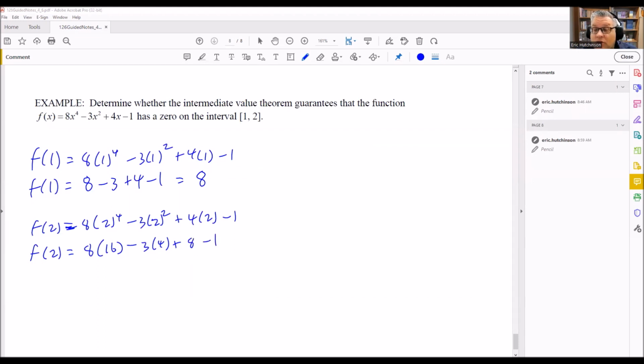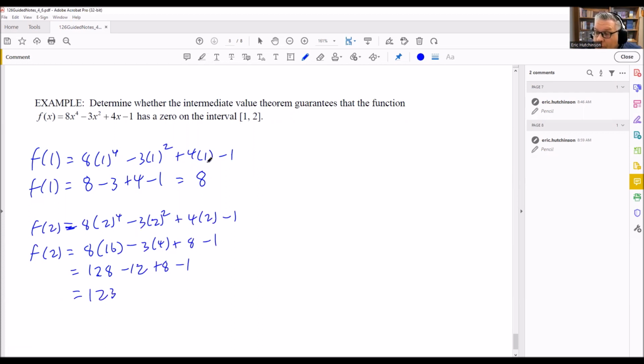Okay, so now we're going to keep continuing with that. And so the first part's going to be 128 minus 12 plus 8 minus 1. All right, so if I take all this and combine it together and do all that at once, then we're going to get 123 for the answer on that.